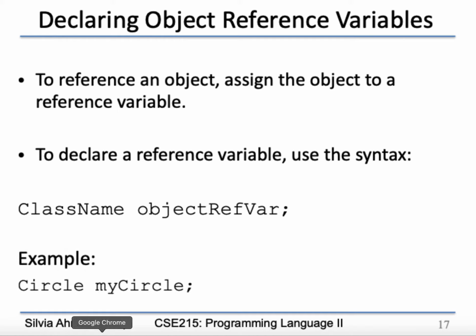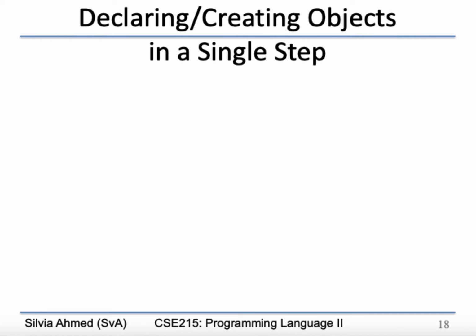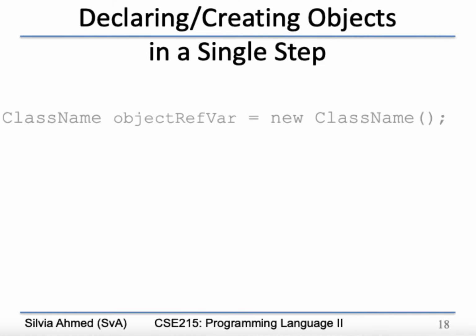An example could be Circle myCircle, because Circle is our type or class name, and the reference variable name is myCircle. We can do declaring and creating the object in a single statement: the class name, then the reference variable, then the assignment operator, then the new keyword, and then the constructor. When we have this statement, the first thing that happens is the declaration of the reference variable.